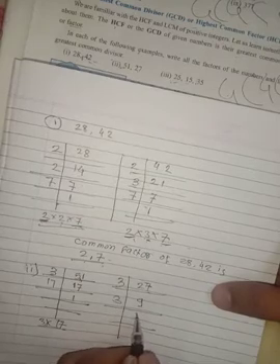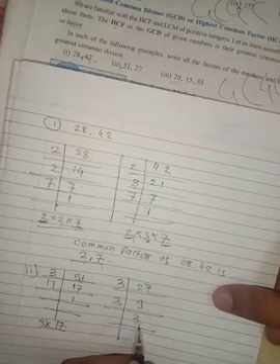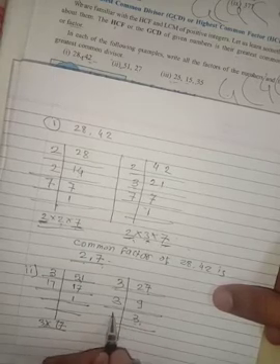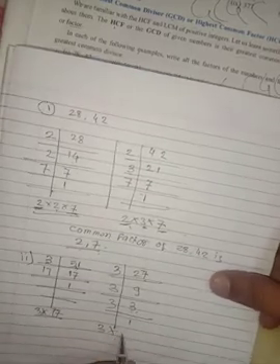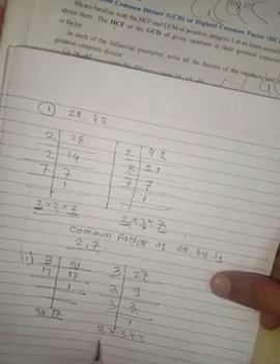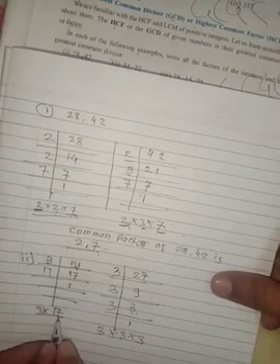Again we will factorize 9 by 3. 3 3s are 9. Again we factorize by 3. 3 is a prime number, so 3 ones are 3. So these are the factors of 27: 3 into 3 into 3. 3 3s are 9, 9 3s are 27, and 3 17s are 51. So these are the factors.